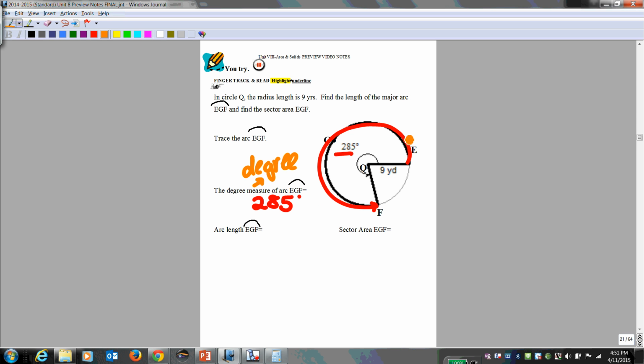Then we want to find arc length. And to find arc length, that's theta over 360 times d pi. That's a fraction of circumference. So it's 285 over 360 times, we have 9 there, so it's going to be 18 pi.